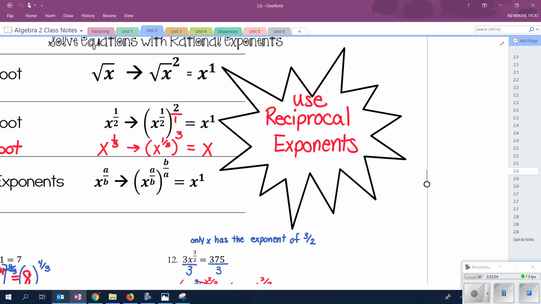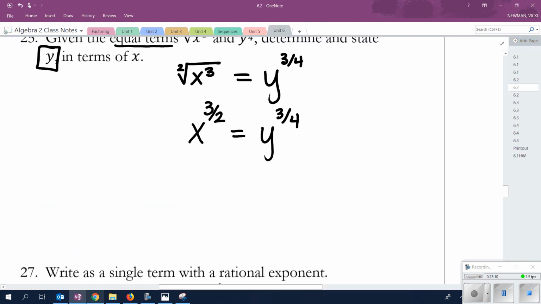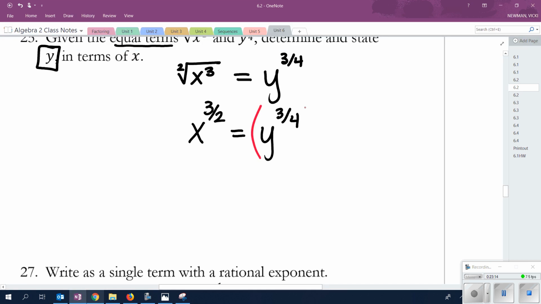Why? Let me show you again. We'll do it here. If we use, what's the reciprocal of 3/4? 4/3. And what's the rule of power to a power? You multiply, right? 3/4 times 4/3 makes what? 1. So that'll be a 1.